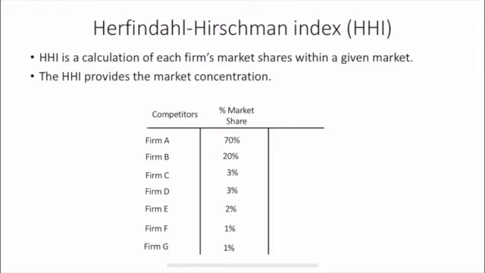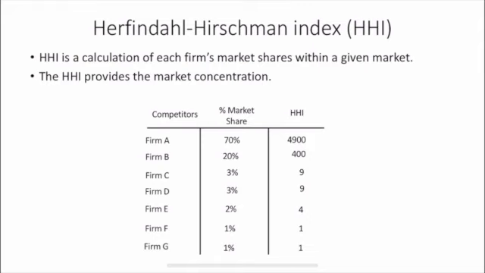So if you look at Firm A, 70% of the market share is 70 squared, which is also 70 times 70, which will give us 4,900. Firm B has 20% of the market share, so it's 20 squared, which is 20 times 20, gives us 400, and so on. We look at the market share, 3 squared is 3 times 3, which gives us 9, 2 squared is 2 times 2, which gives us 4, and 1 squared, of course, is 1 times 1, which gives us 1.